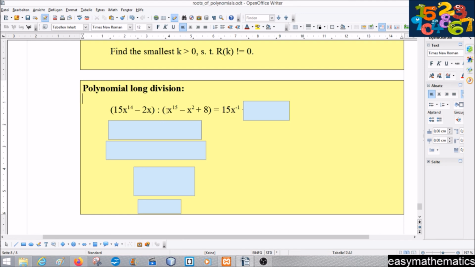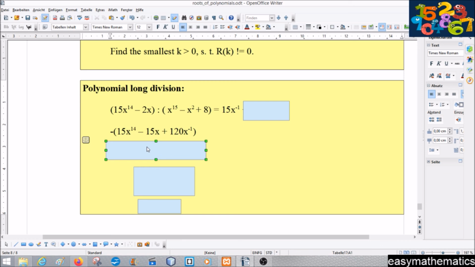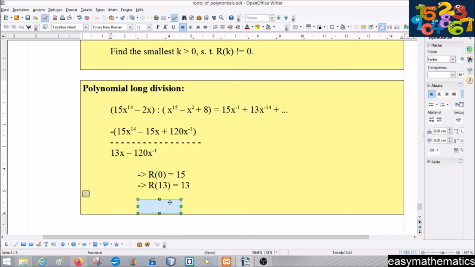Multiplying this with the denominator, we find this expression, and now we subtract, giving 13x minus 120x to the power negative 1. We play the same game with polynomial long division, and now we get the first coefficient 13x to the negative 14, and therefore r of 0 is 15 and r of 13 is 13, and therefore the smallest k for which the power sum is not 0 is k equals 13.